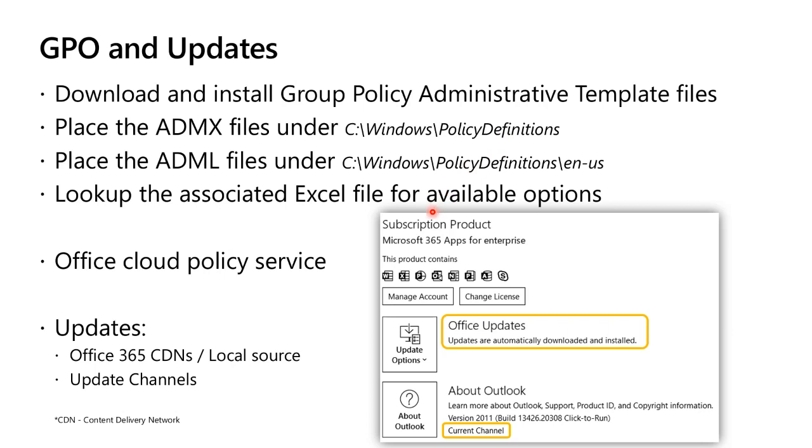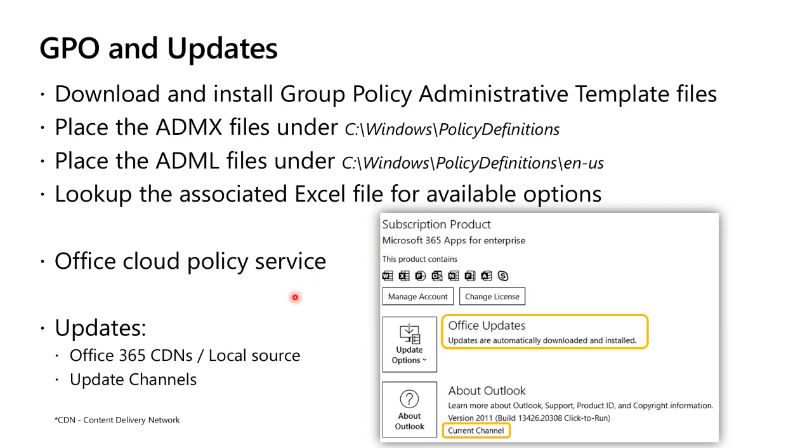Here, you can customize things like warning messages. You can disable items in the user interface, any of the Outlook options, or you can even turn on or off a specific add-in or filter for all users or a set of users. Another way to customize these updates would also be to utilize Office Cloud Policy Service.